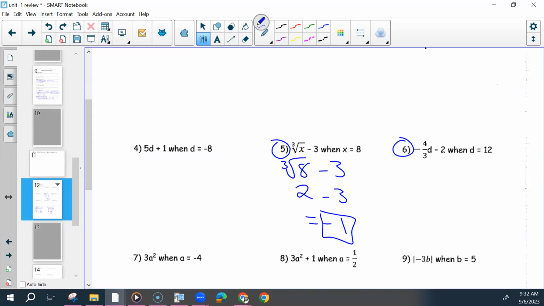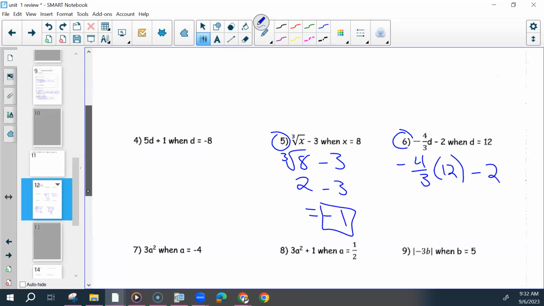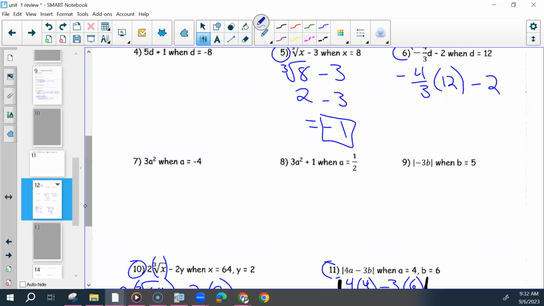Okay, I'm not gonna double check that in the calculator, but you are welcome to. And then the last one, -4/3 times 12 minus 2. Go ahead and multiply -4/3 and 12.